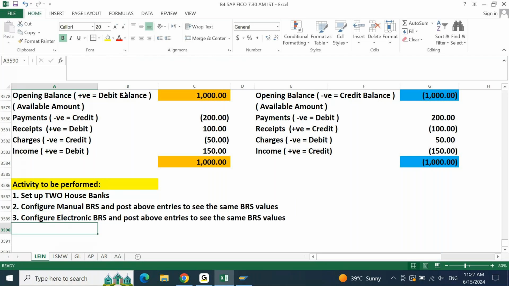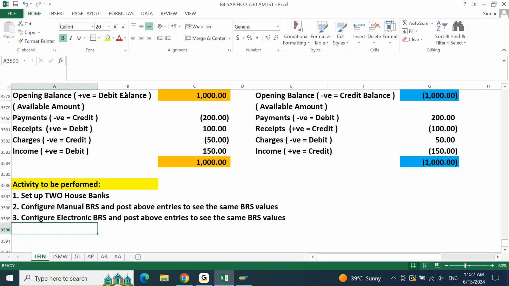This you'll have to do: the same entries you process once with EBRS, you need to process once with manual BRS, so that you will practically understand, because you're bringing the same figure, the same transaction, in two ways. One way with the help of manual, another way with the help of electronic.